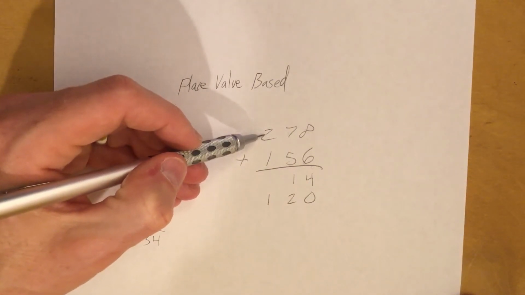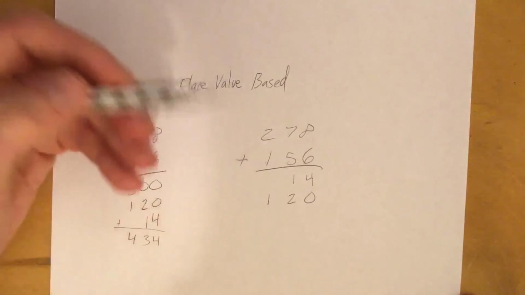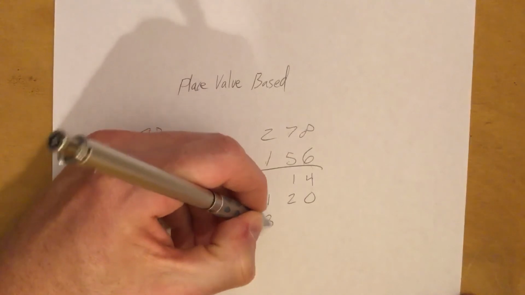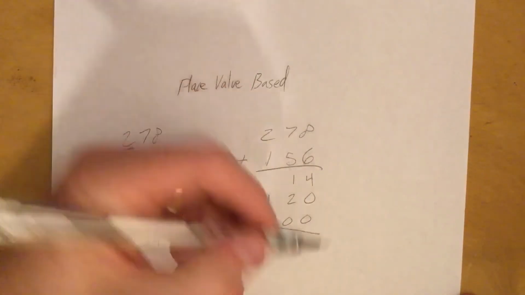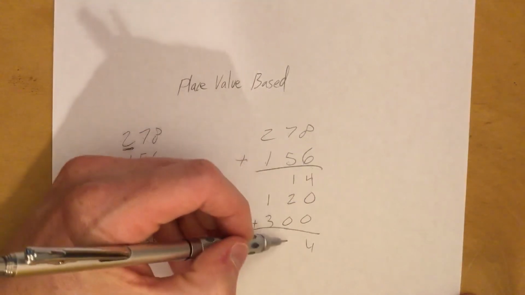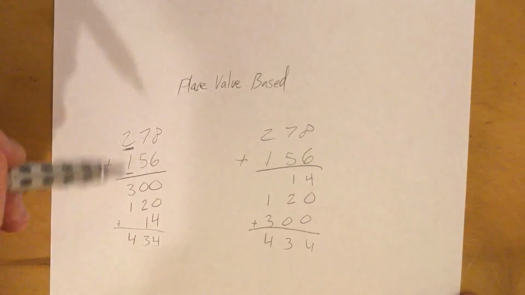Then 2 hundreds plus 100s, which is 200 plus 100, equals 3 hundreds. So we just add it all up, and we come up with 4, 3, and 4, so 434.